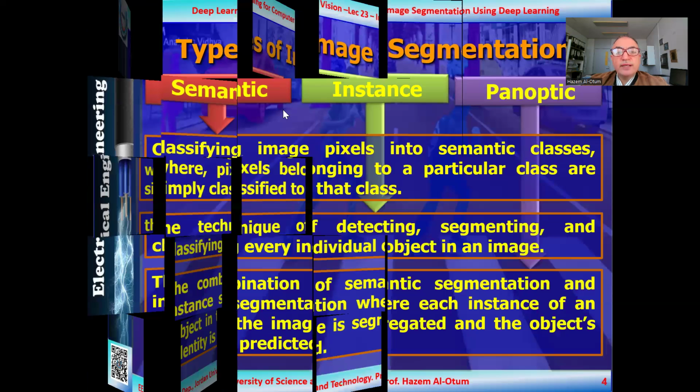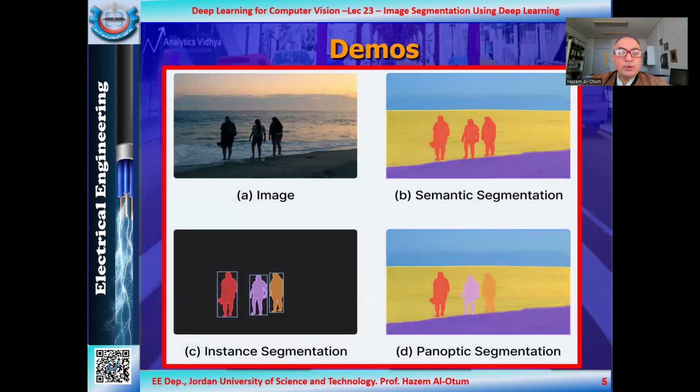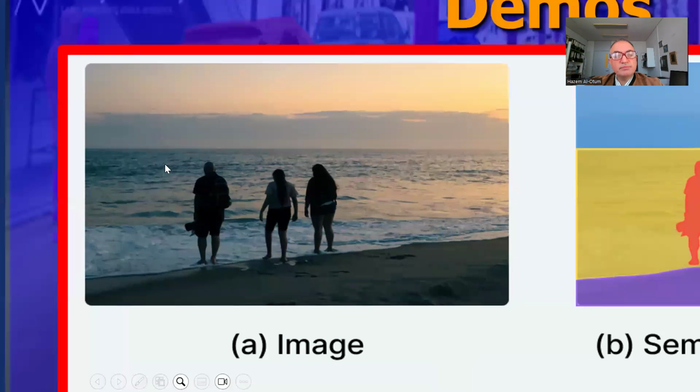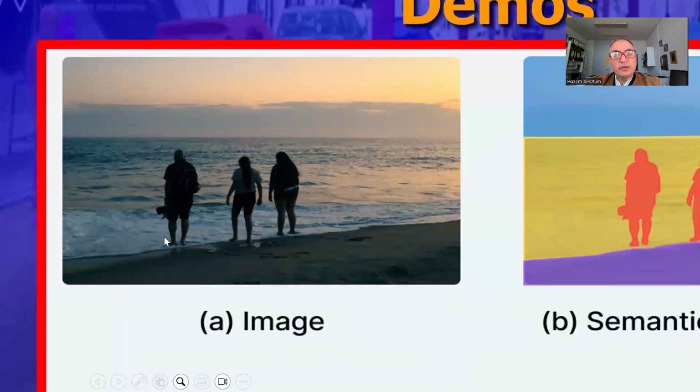Let's have an example on that. Here, as you see, we have this image with three persons on the beach of a sea, and we have some zooming here. If you look at this, you can see some clouds on the horizon.